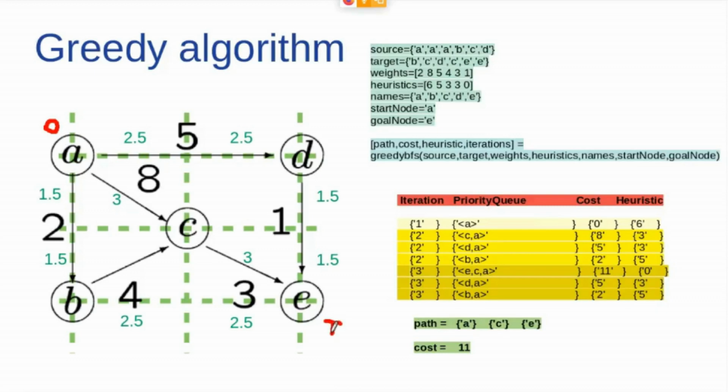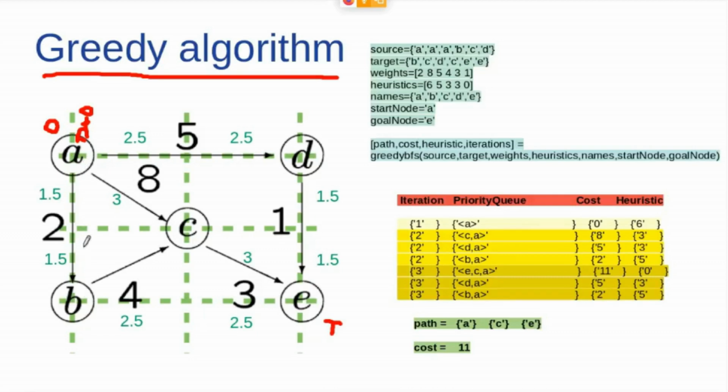This is our target. So we will assess, first of all, the neighbors. So the greedy algorithm consists of the following steps. We will consider all the neighbors of the actual node. We are here, right? We are on A. So let's consider that we are on A, and we assess all the neighbors.